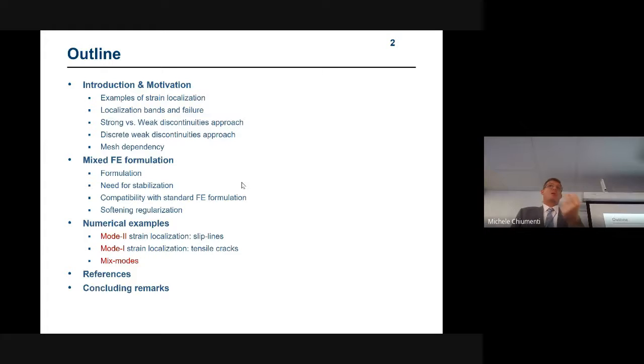What's the main problem here? And the only thing that I would like you to understand. Plasticity models, particularly if you use J2 plasticity, give a solution which is mainly isochoric. Isochoric means that they preserve the volume. Why?